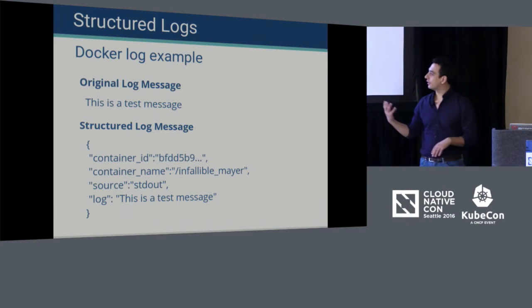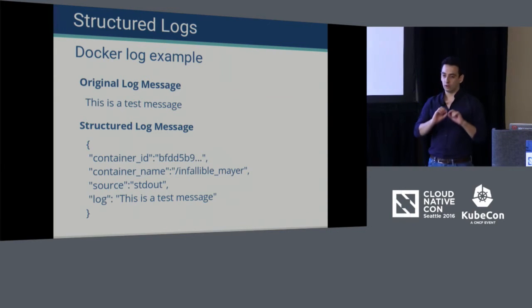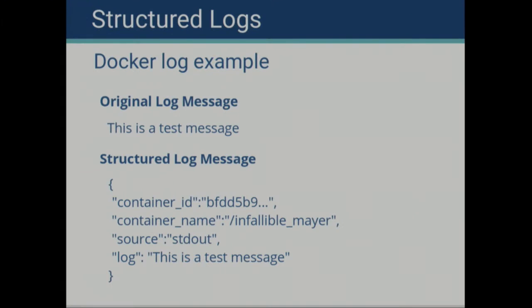So how does Docker deal with this? Getting back to containers, when you write a log message to standard output or standard error, you will get something like, this is a test message. But when you're using the logging drivers, you're getting something more interesting. You get a container ID, a container name, the source, and of course the message.